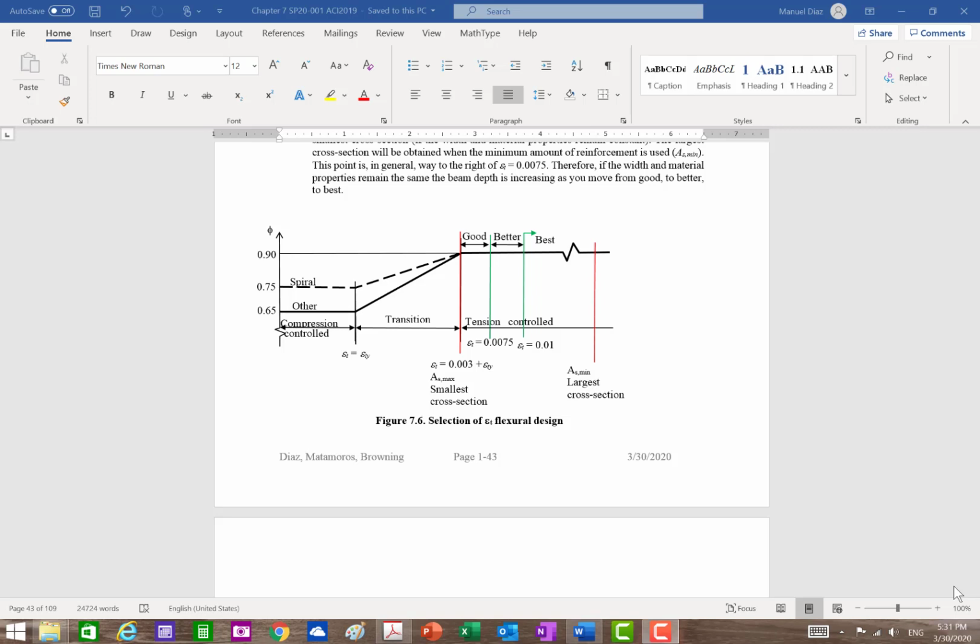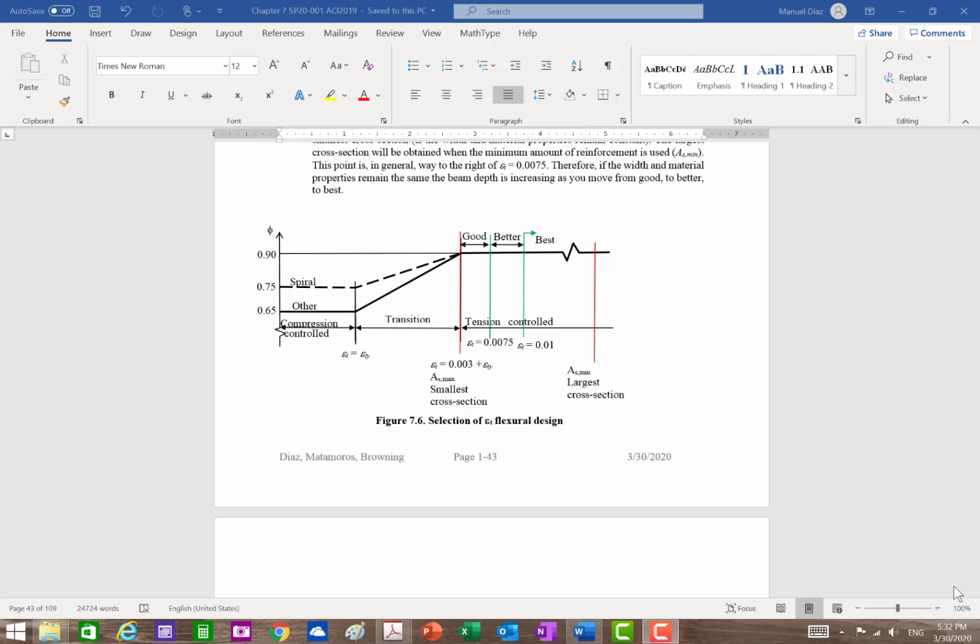Now, when we say largest cross-section and smallest cross-section, that means that the only thing you're changing is the height, the depth of that cross-section. In other words, the width has to remain the same, the properties have to remain the same, because there will be different solutions if you change either the properties or the width.